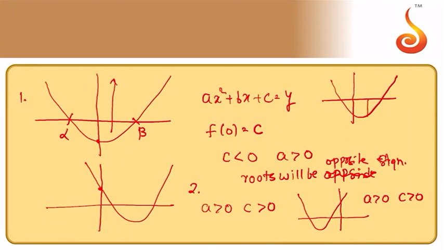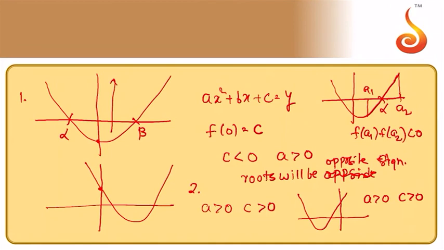Commonly they ask, when this is point number 1 and this is point number 2, if any root lies between, suppose I write like this, this is some value a1 and this is some value a2, and this is alpha.